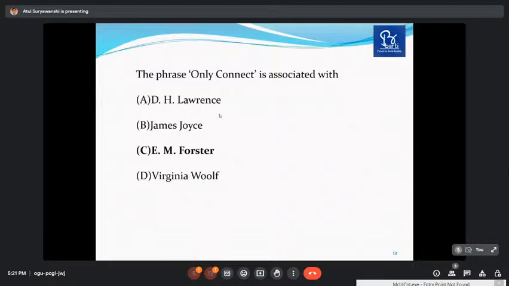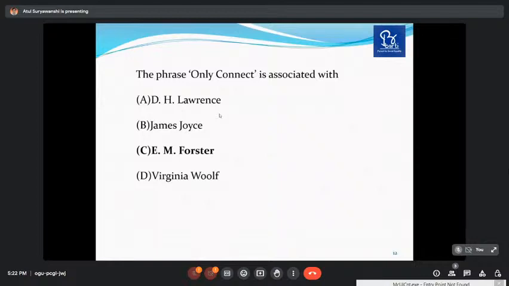So now I humbly want to refer you one book to study the terms in detail. A Glossary of Literary Terms written by M.H. Abrams should be our Bible now. If you study this book thoroughly, you will come to know about almost all the terms in English literature.